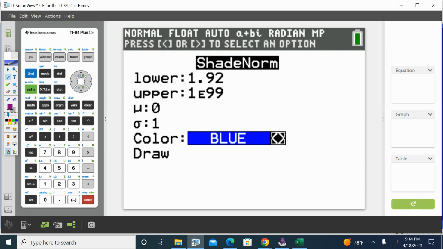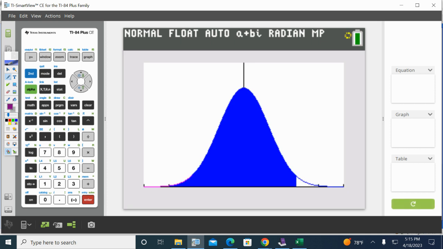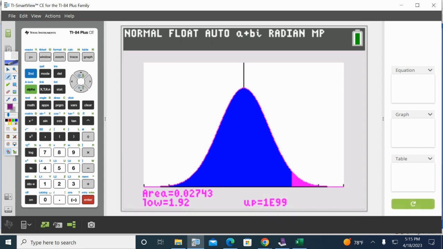I am going to change my color. Lesson learned, it doesn't erase the shading, so I just change my color each time. And then I'm going to hit draw. You can see here that I changed it to pink or magenta.